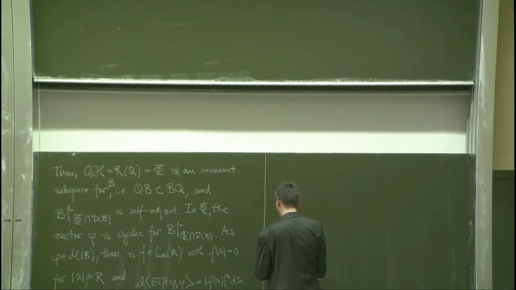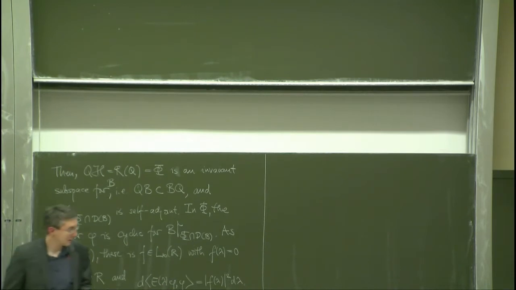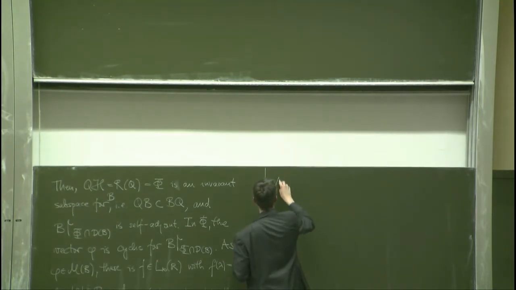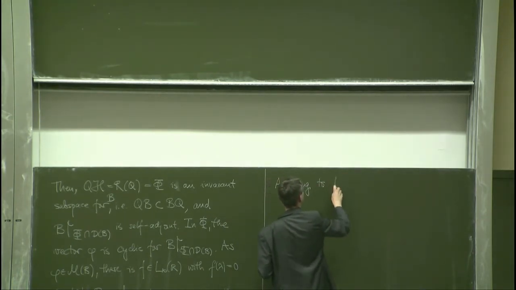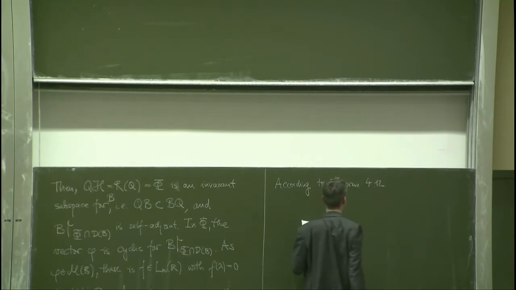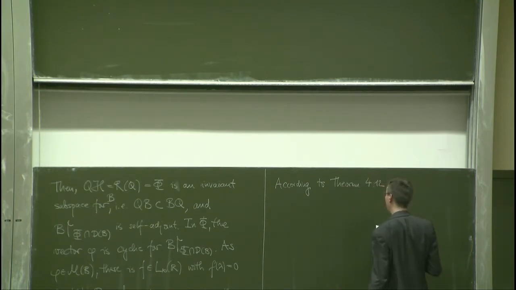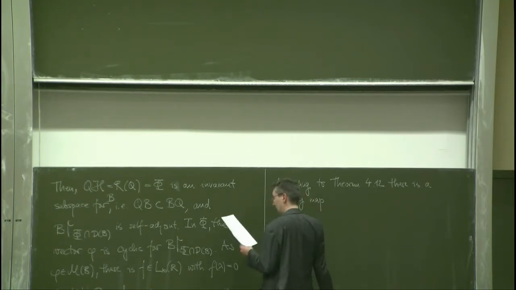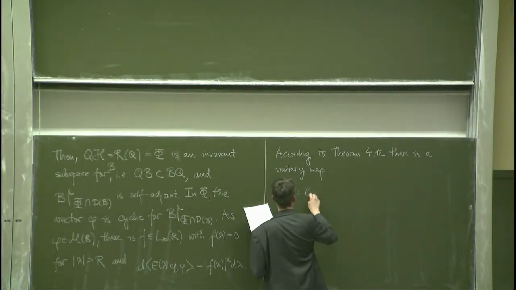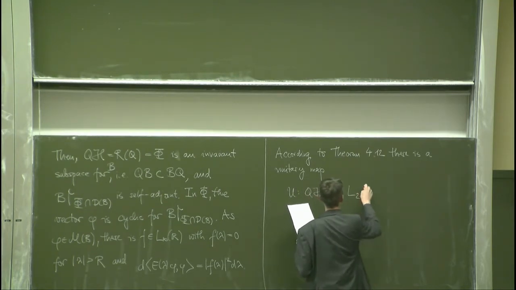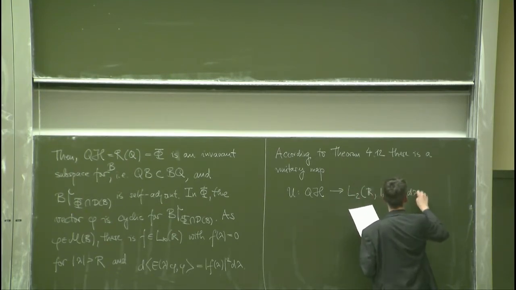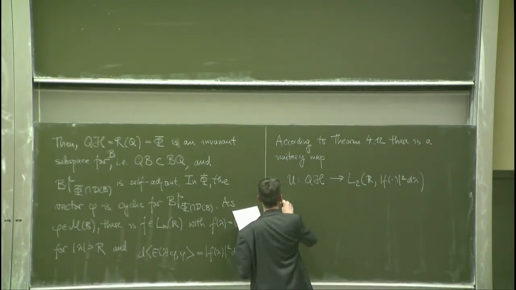Now, according to theorem 4.12, the multiplication version of the spectral theorem, there is a unitary map U that is defined on the range of Q and maps to L2, equipped with this measure that is given by the function f, with the properties that we had already seen.